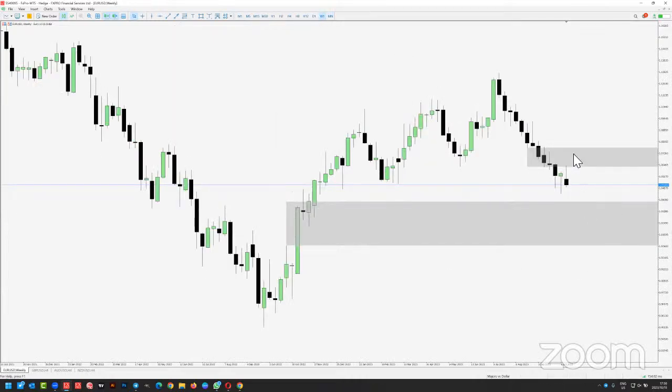So once you go to the weekly chart, you can see the price filled up this weekly fair value here last week with our weekly fair value. Price filled up that fair value. Now we're looking for price to trade towards this level here.